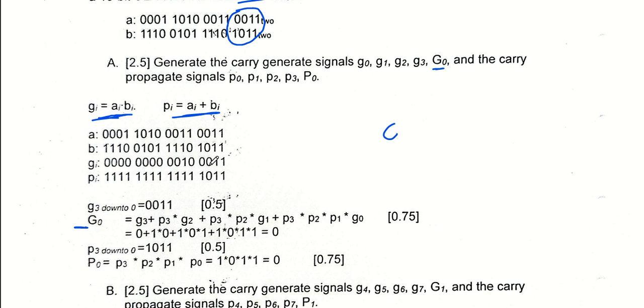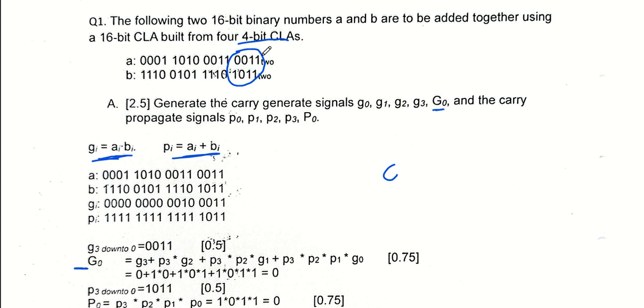For the capital P0, it's also the same thing, except that the formula is different. For the capital P0, you multiply all the P's. Remember that capital P0 is also for the very first adder. The capital ones mean that the whole adder is considered as one, bit 0 to bit 3, that's the first adder.